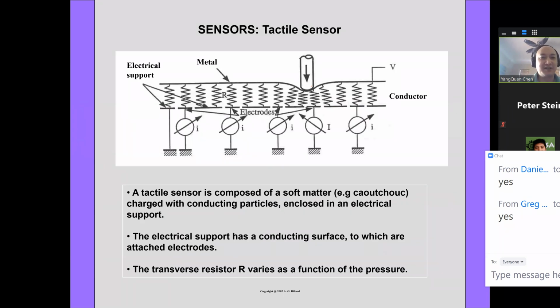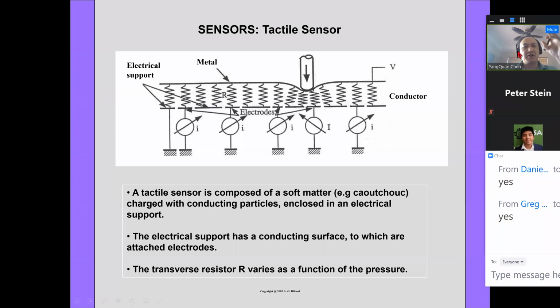And tactile sensor is actually a topic of research today, okay? So think about your muscle and your skin. You can sense. People are developing something on that as well, as a tactile sensor. This is very useful for grasping with a robotic hand, your fingertip. Basically, hopefully, your fingertip can sense how hard you are grasping, right?